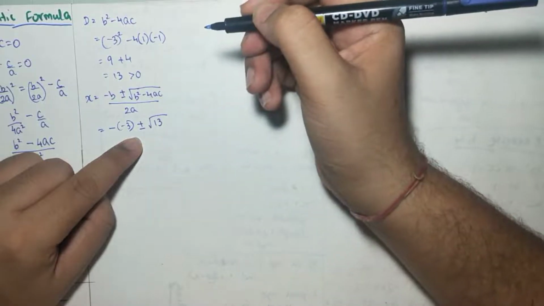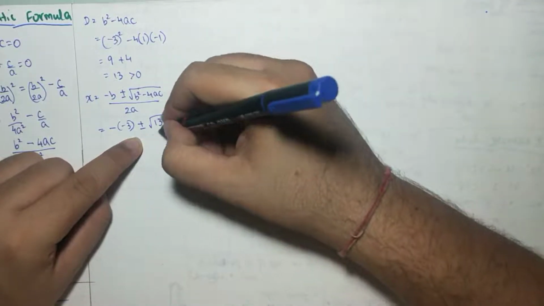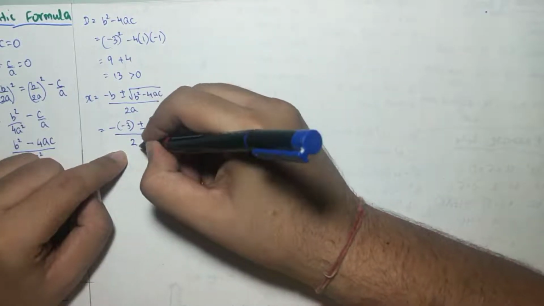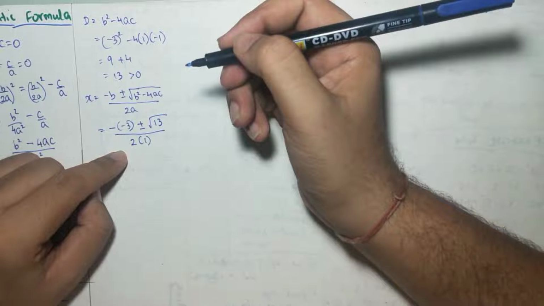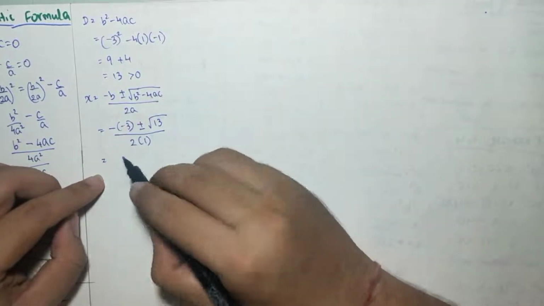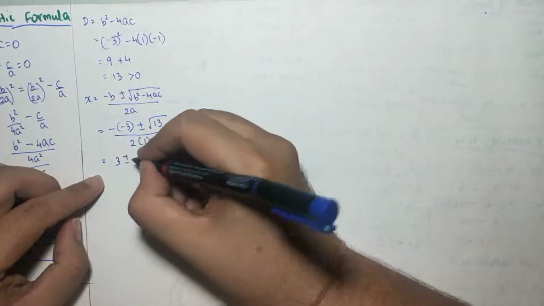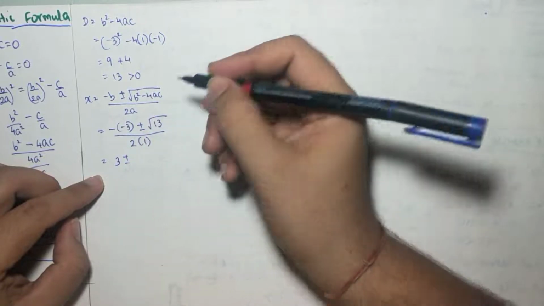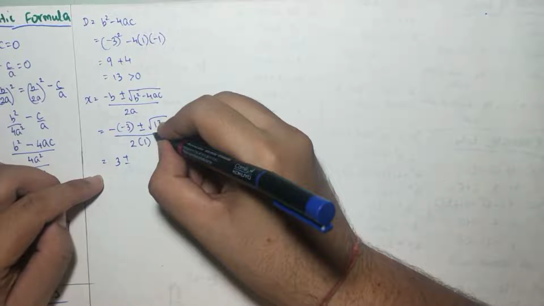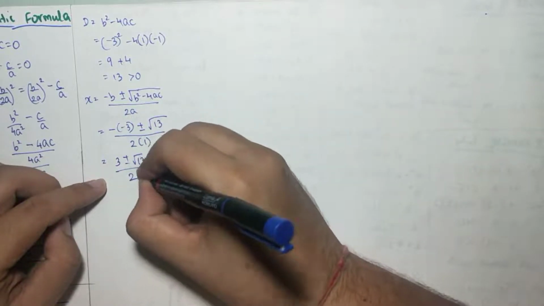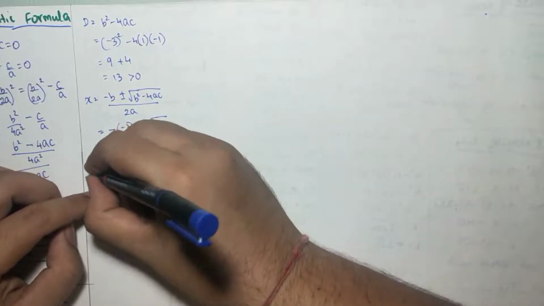That is 13. I'm directly writing it because I found it before. Upon 2 into a, a is 1. This minus minus will become plus. Plus or minus root 13, nothing will happen because it's a non-perfect square under the root, so it will remain root 13, divided by 2 into 1, that is 2.